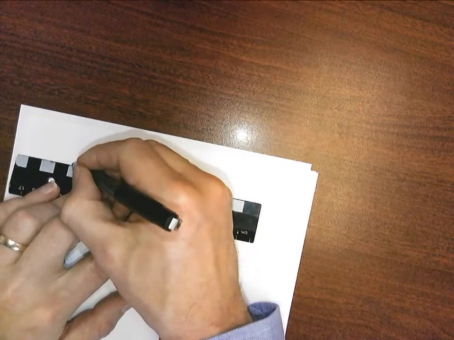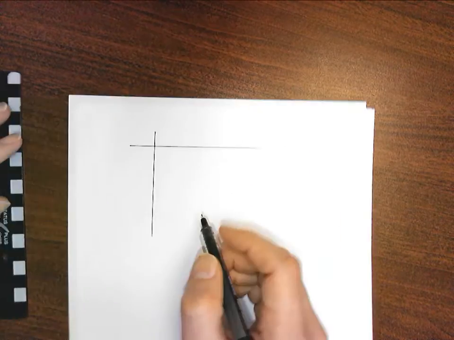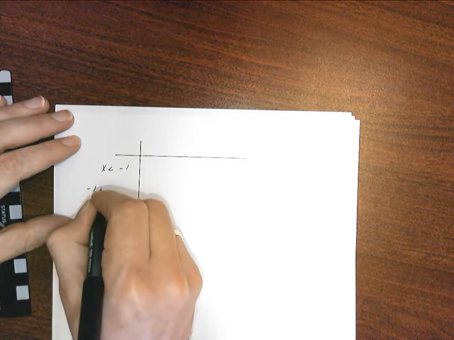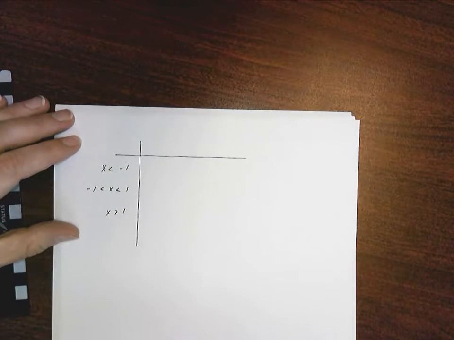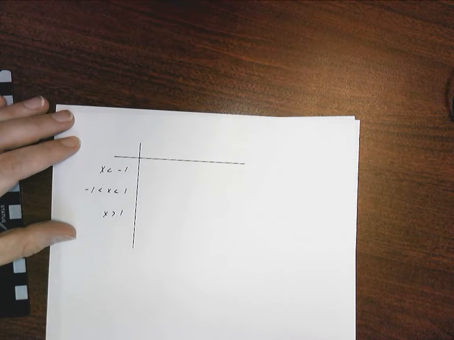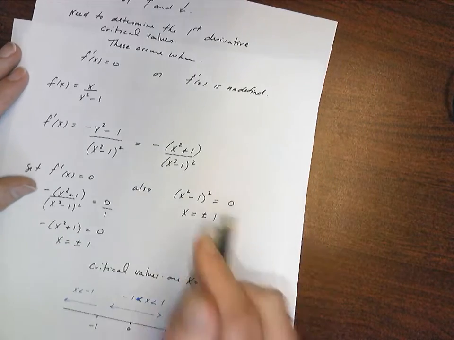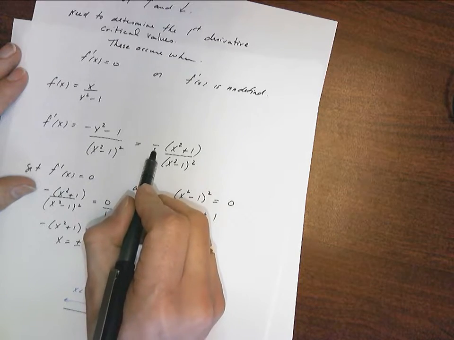So our interval chart's going to look like this. Very similar to what you used in grade 12, I believe. It's going to be x is less than negative 1, between negative 1 and 1, x greater than 1. We're interested in the overall sign of the first derivative. Now the overall sign of the first derivative is going to be given by this, and that negative.